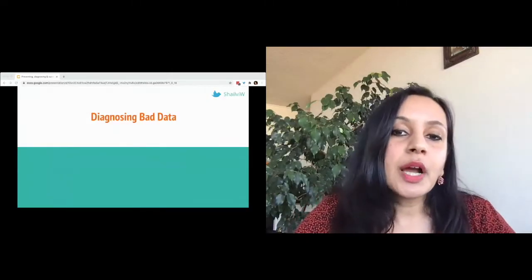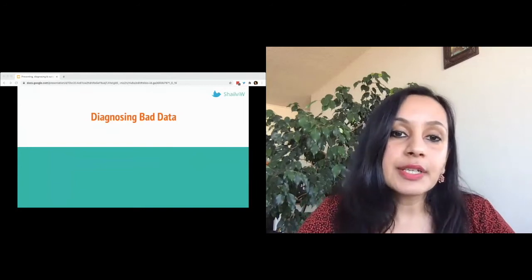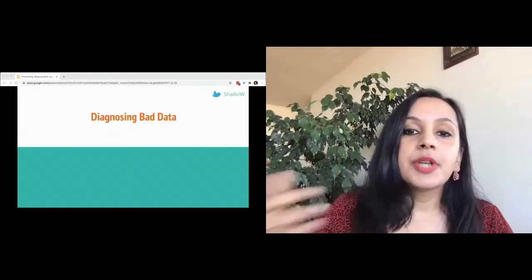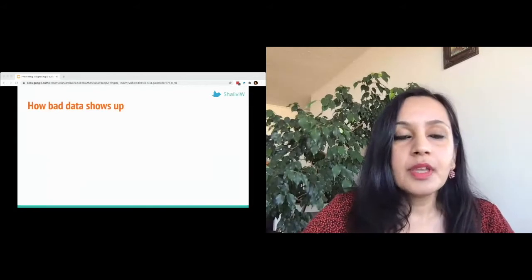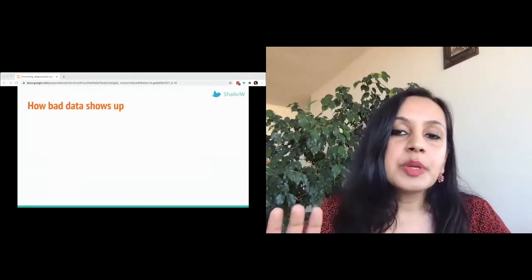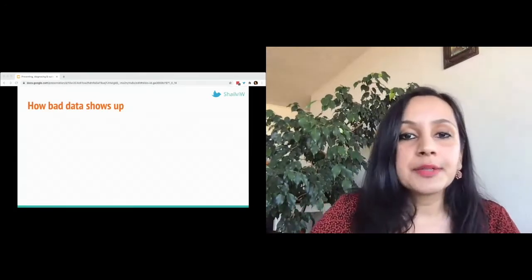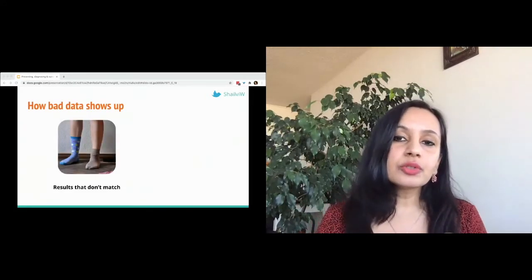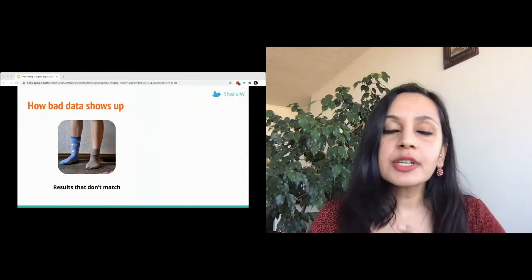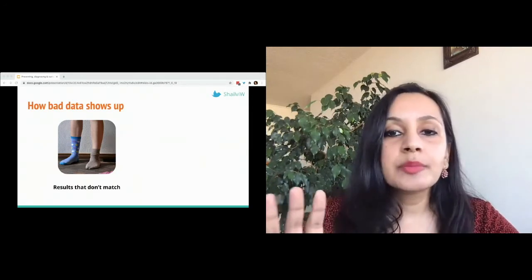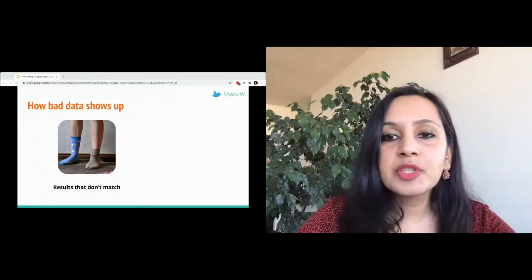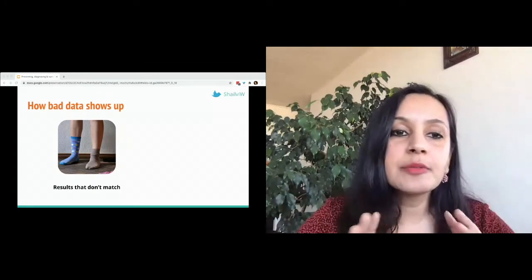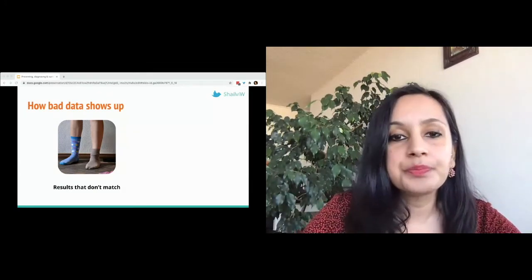Hopefully, once we understand how bad data gets created, it becomes a little easier to diagnose what's going on. There are some very common ways that people take notice of bad data. Usually, data has some source of truth or something that you just trust a lot, and some other data shows up that doesn't match in absolute or in aggregation and just generally seems mismatched with what you already know.